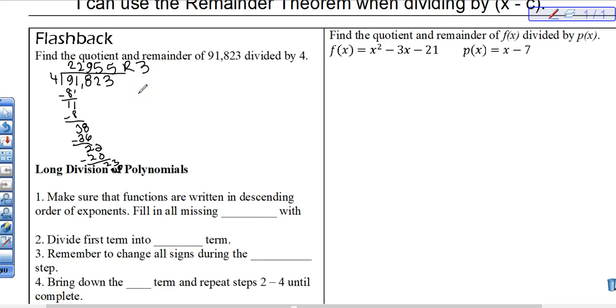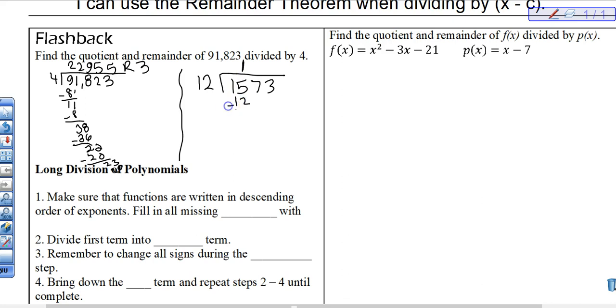Now, it's a little bit more involved than that, but it is the same idea. Let me ask you this. If I told you to do this, 12 goes into, we'll do an easy one. First we go 12 goes into 1. Does that work? So then we go 12 goes into 15, right? And we put the quotient above the place value where we stopped, right?